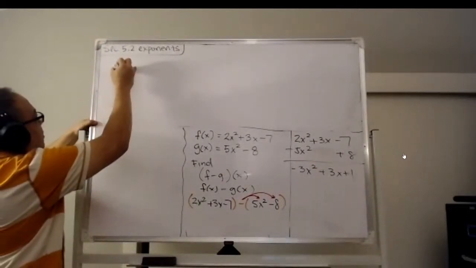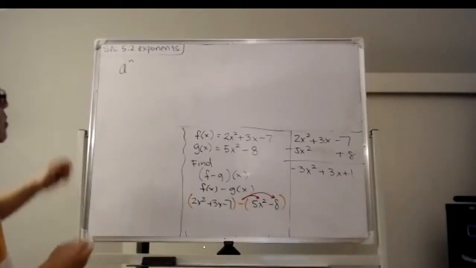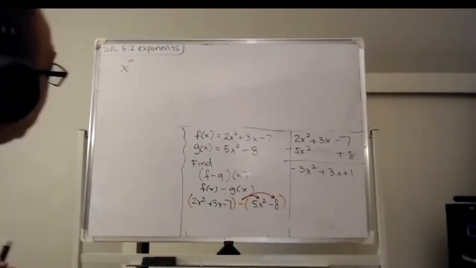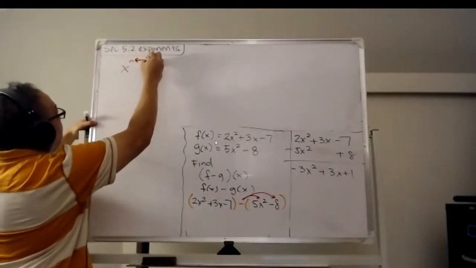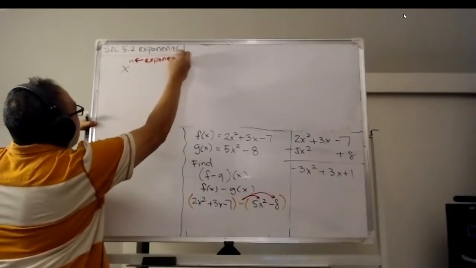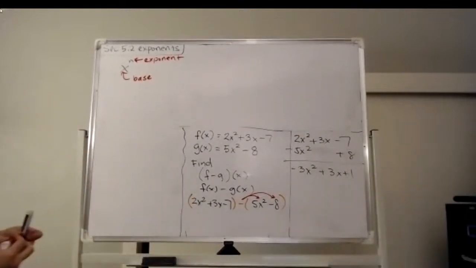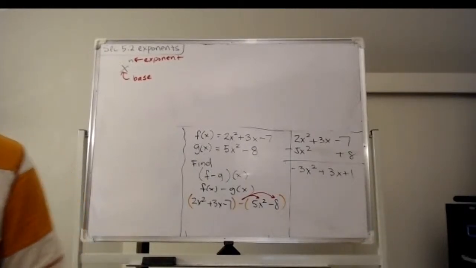Now, when we get an exponent, it'll be something that looks like this, where, well, let's put an x here. Where this is the exponent, and this right here is the base. And let everyone catch up.